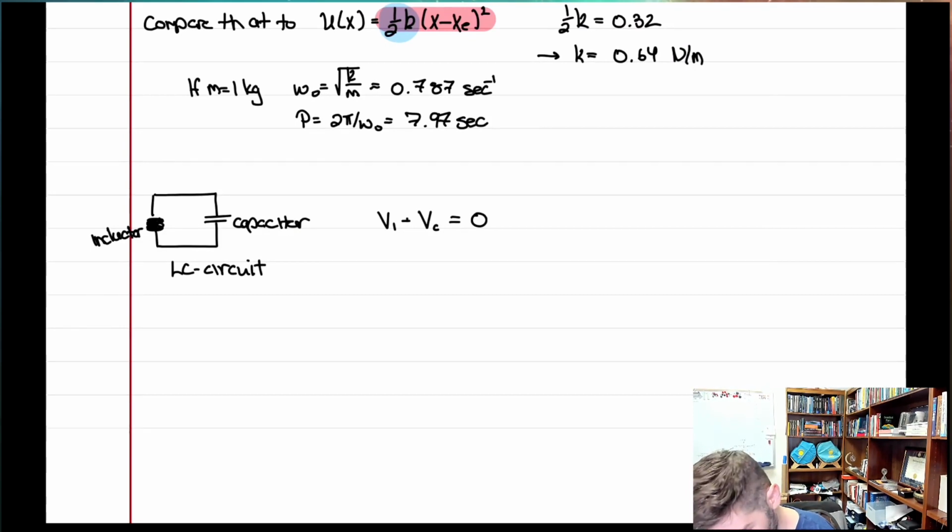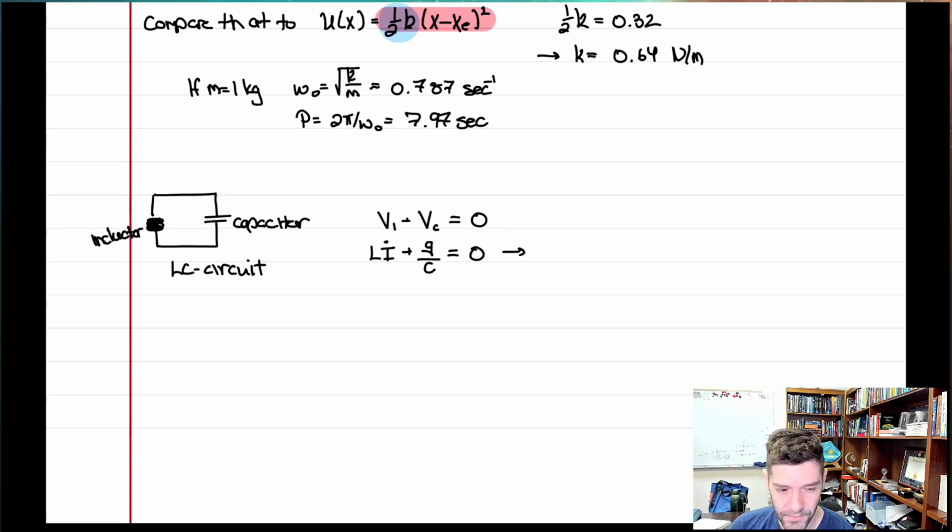The inductor, remember, is just the inductance times the derivative of the current, and the potential across the capacitor is the charge Q divided by the capacitance, and that equals 0. But the derivative of current is the second derivative of charge over time, so that is L Q double dot plus Q over C equals 0.